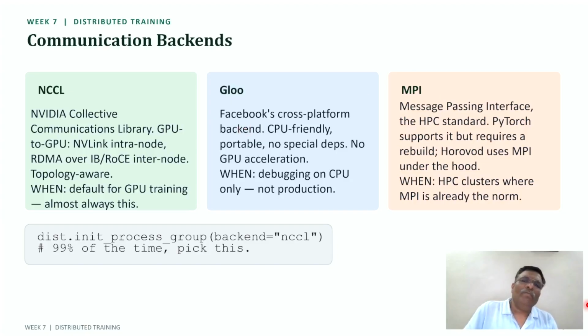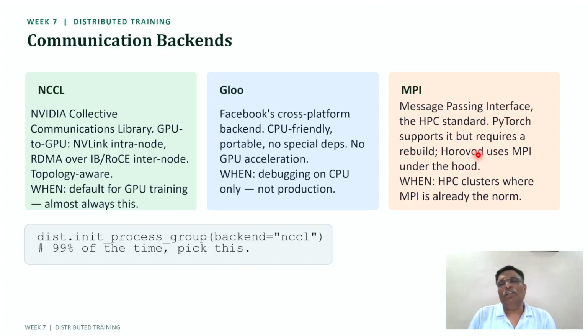And majority of the time, people who have been working with HPC are more inclined to use MPI. As I told you, it's Message Passing Interface, and PyTorch supports it, but it requires a rebuild.